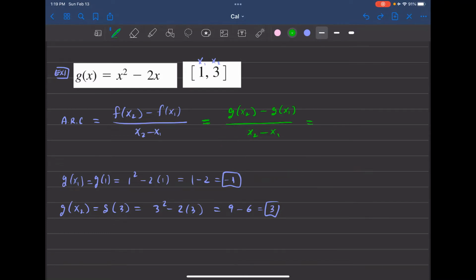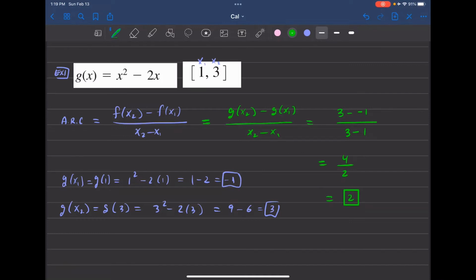So we have 3 minus negative 1, because that's g of x1, over x2, that is 3 minus 1, which will give us 4 on top over 2 on the bottom, and that simplifies to 2. So the average rate of change, or the slope of the secant line on this interval, happens to be 2.